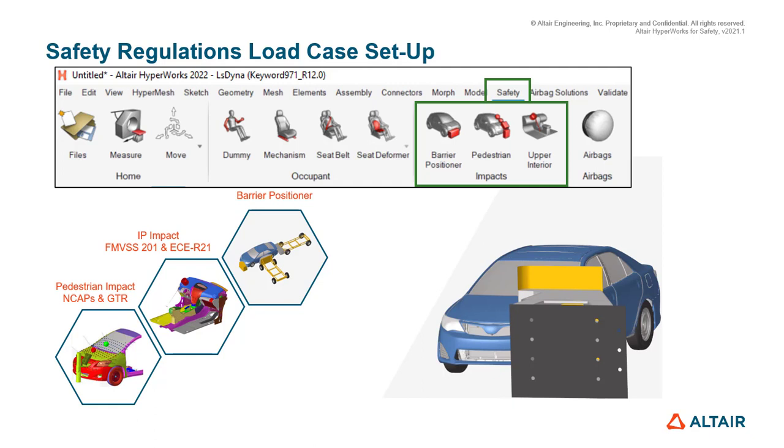For the pedestrian impact, it is easy to position the head form and leg form for adult and child dummies. The pedestrian tool supports NCAPs and GTR safety regulations. Similarly, for IP impact, FMVSS 201 and ECE R21 are supported. For the barrier positioner, there are different barriers like side, front, pole supported within HyperWorks.